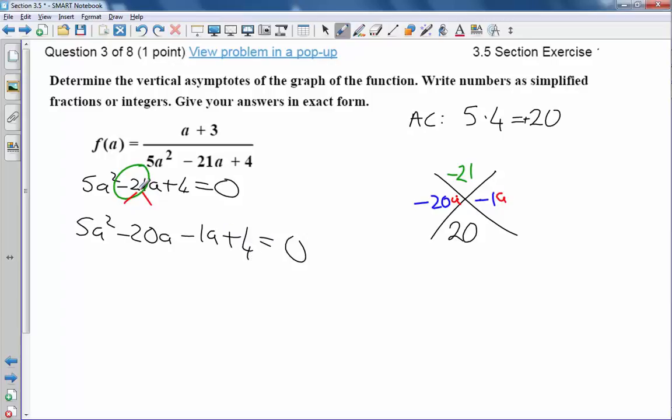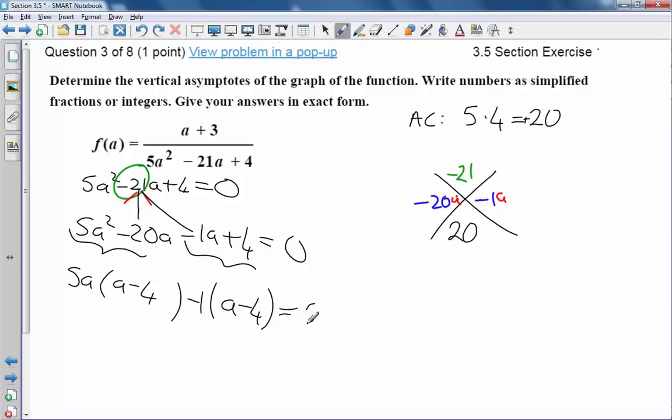AC method is used to break this into two pieces, so we can group these 2 by 2, and this has common minus, this has common 5, right? 5 can be factored, no, not only 5, but also 5a. 5a is common in these two, which is a minus 4. And what is common in this one? -1. That's a minus 4. Good. Right?